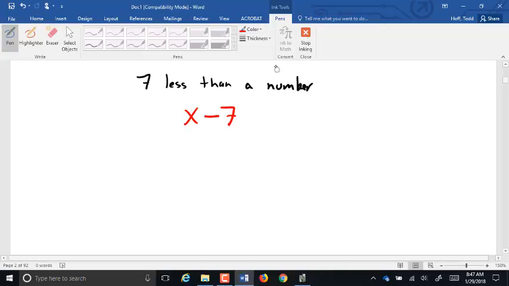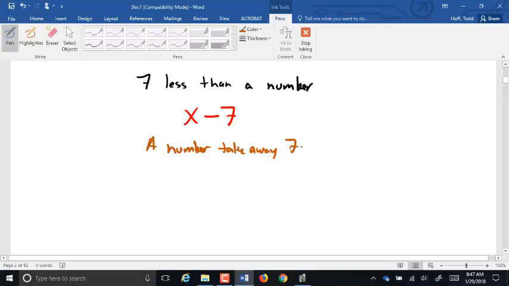Other phrases that might indicate x minus 7. Okay, a number take away 7. It's a good one.